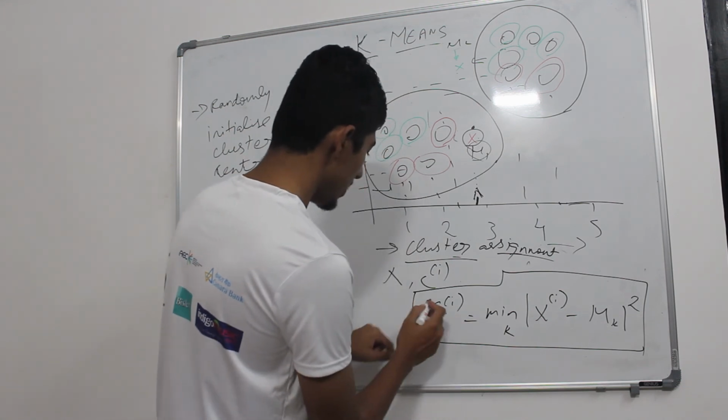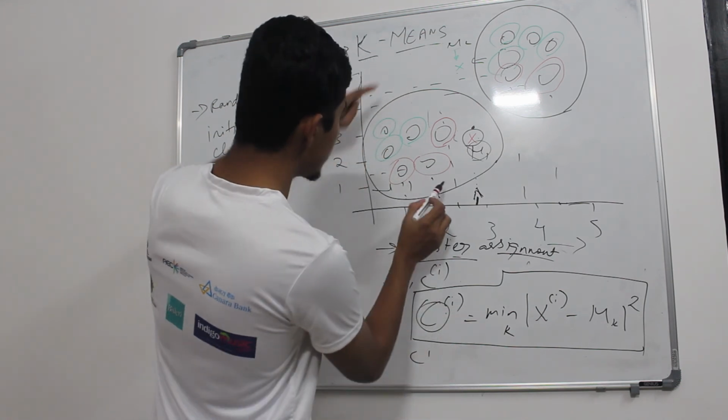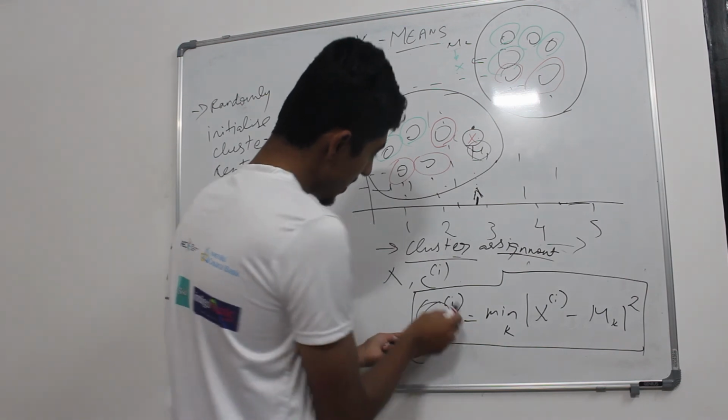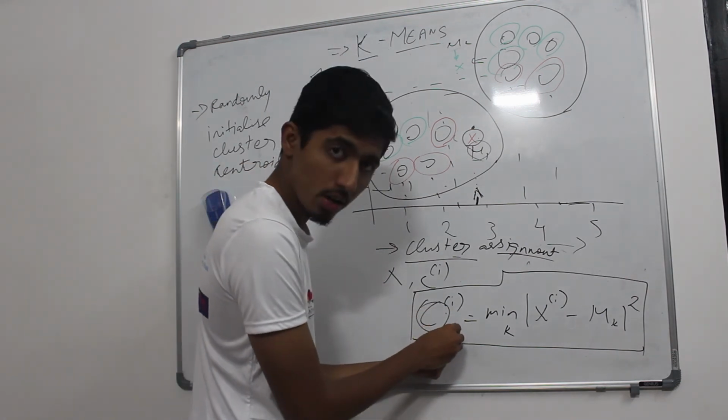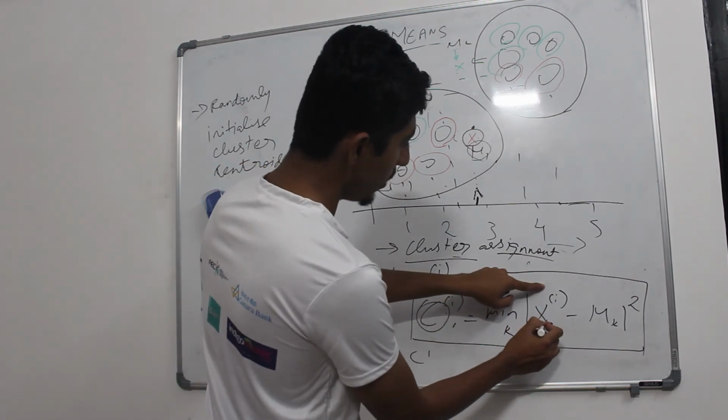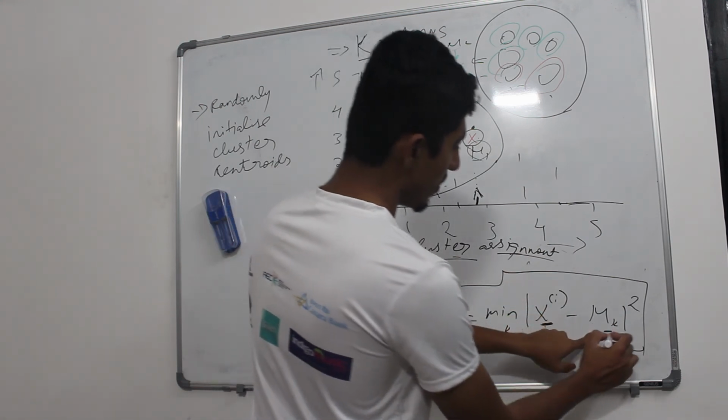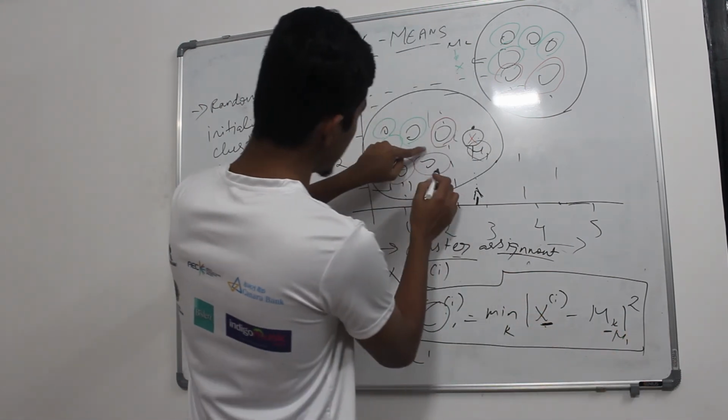So c of 1 would be this one, the first cluster. It says what has to be assigned to the first cluster is the distance between x i and mu k. Let's say mu1, and x i, let's say, is this point.